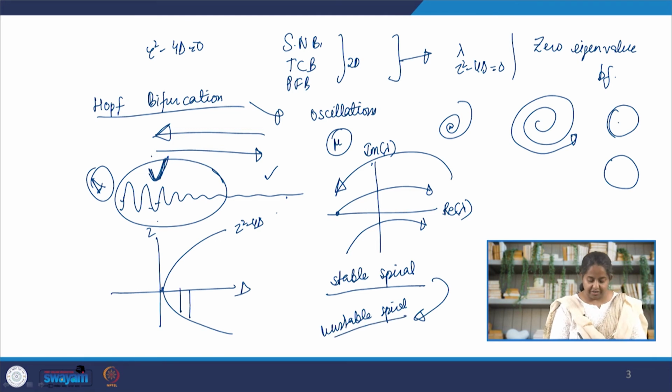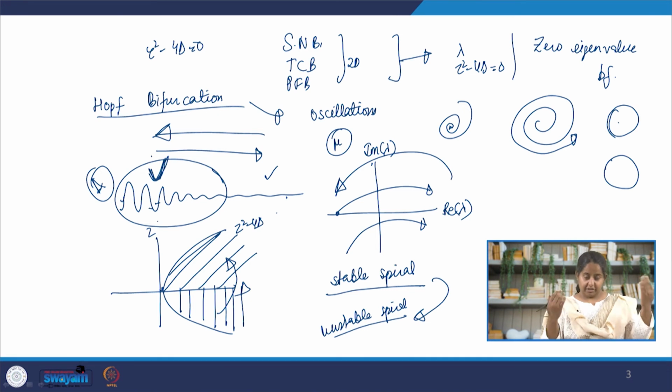So we are going from this region, which is a stable spiral region, to an unstable spiral region, which is here, by changing one parameter. The movement the other way is also possible, that we go from an unstable spiral to a stable spiral. Remember, stable spiral means we are moving closer and closer to the fixed point. So basically the amplitude might be reducing, but the periodicity of the oscillation may or may not change. And unstable spiral means now we are blowing out.